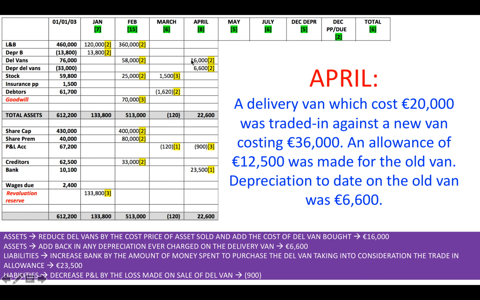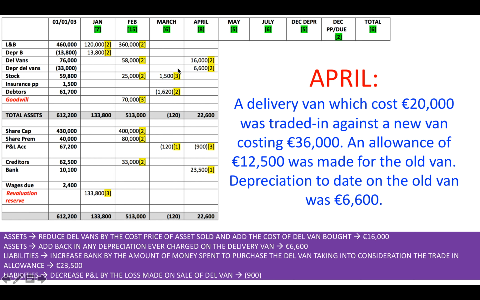Now it's absolutely fine if you want to put minus 20 in there and then plus 36. That is absolutely fine there as well. Now we're going to add back in any depreciation on vans that had been charged. It says in the last sentence that depreciation to date on the old van was 6,600.